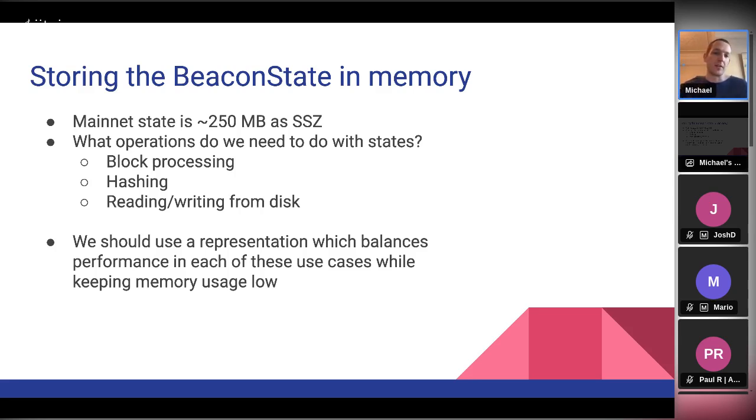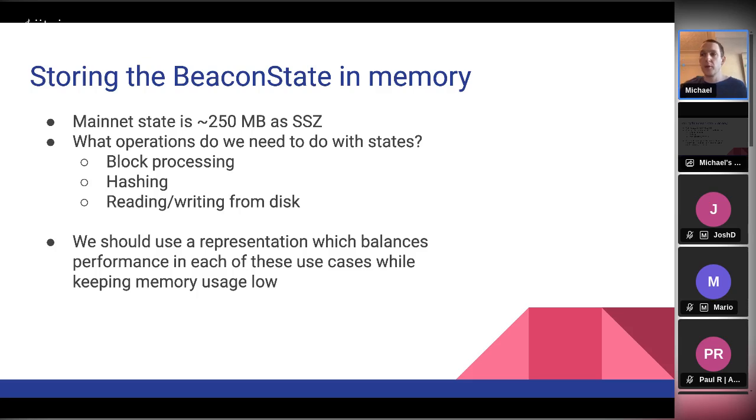It's a binary format where you can represent any of the data in the consensus layer. You just encode it and you get a string of bytes, and that string of bytes is 250 megabytes for the current mainnet state.